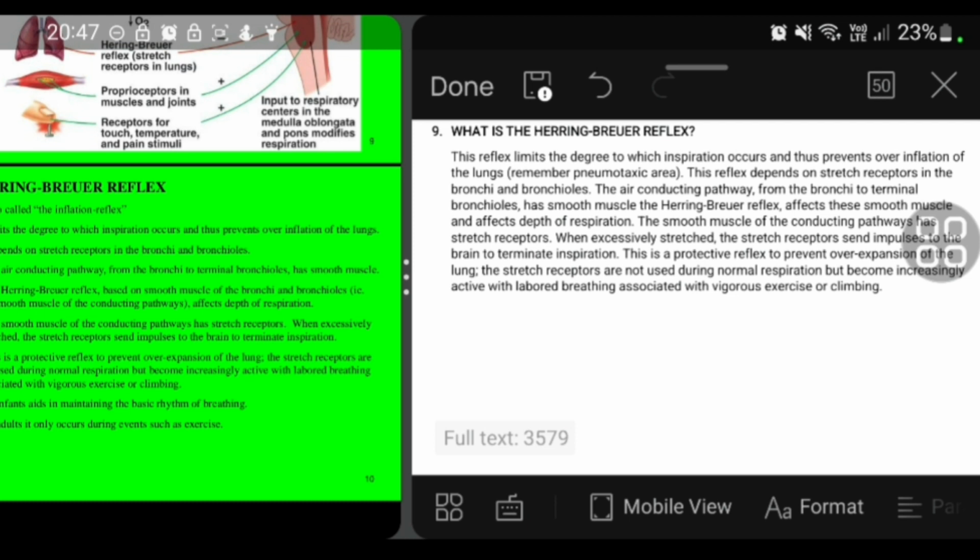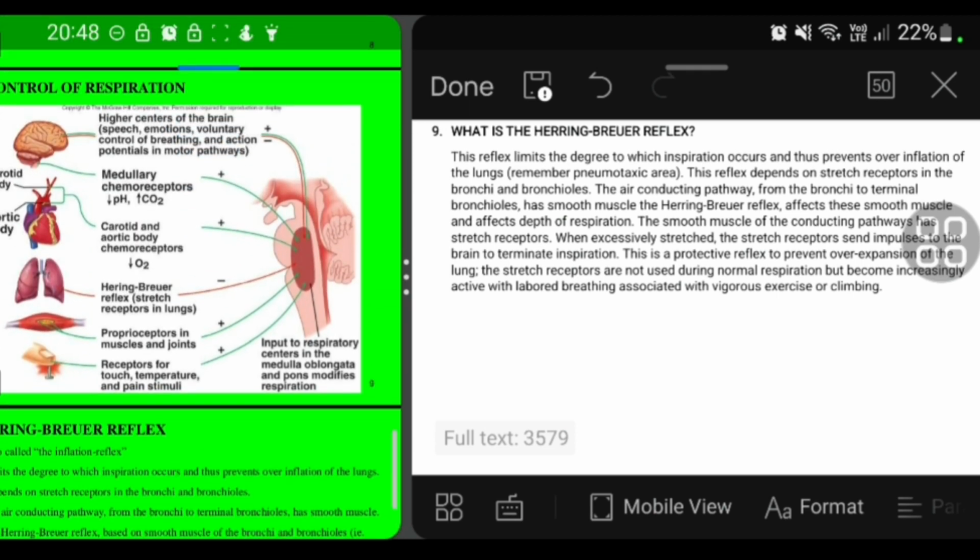So when this muscle is being stretched, it means that you are taking in too much air, and as a result, once that has been detected by your body, it cuts off so that you stop breathing in more. So it's the same thing that your pneumotaxic area was doing to stop your lungs from filling up without a stopping point.